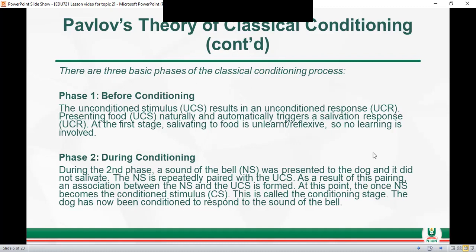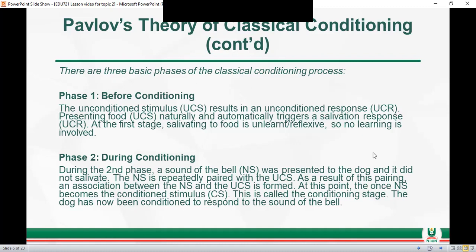The unconditioned stimulus is the food because it is a natural thing that can trigger a response. The unconditioned stimulus results in an unconditioned response. Presenting food naturally and automatically triggers a salivation response. And this is the first stage of the classical conditioning process.